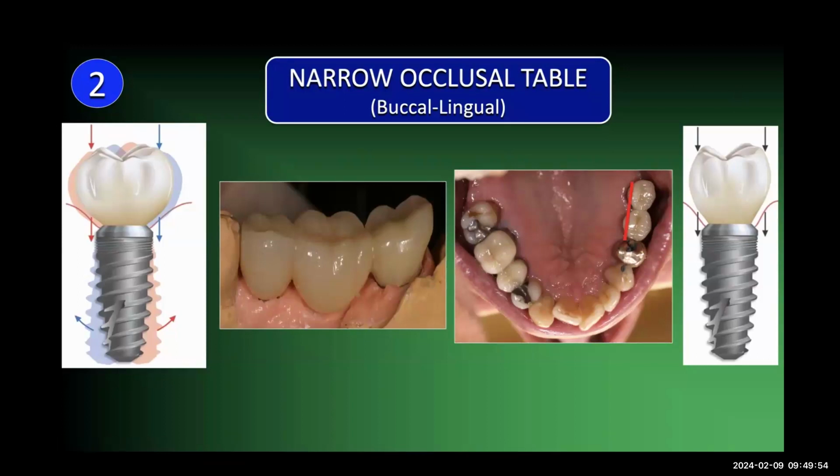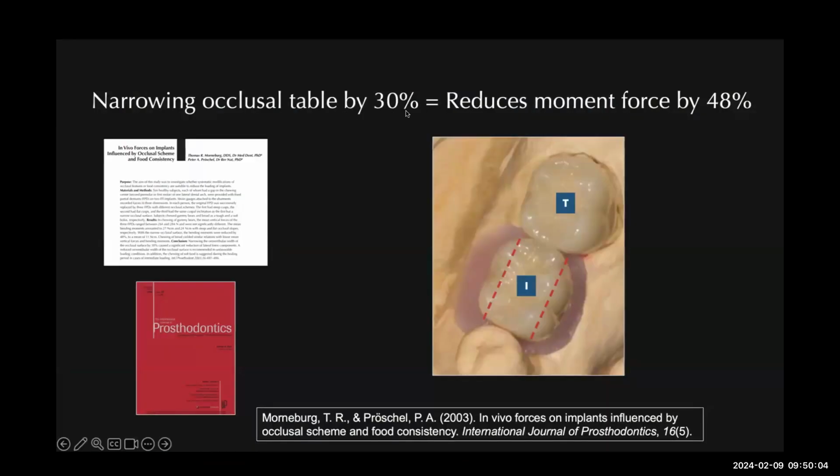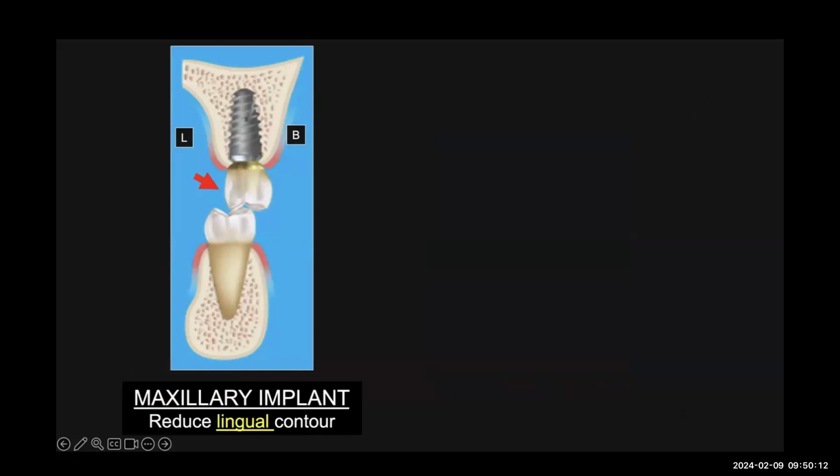As you can see in that photograph on the right, we narrow it buccolingually. So we bring in the cusp tips. By doing that, this study showed that if you decrease the occlusal table by 30%, it reduces the force by 48%. We do that on the maxilla, on the lingual, because of aesthetics, and for lip support, we can just reduce the lingual.